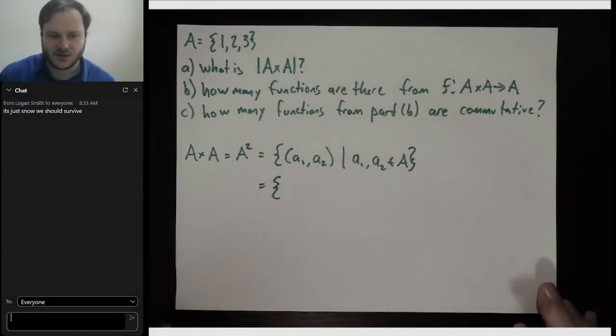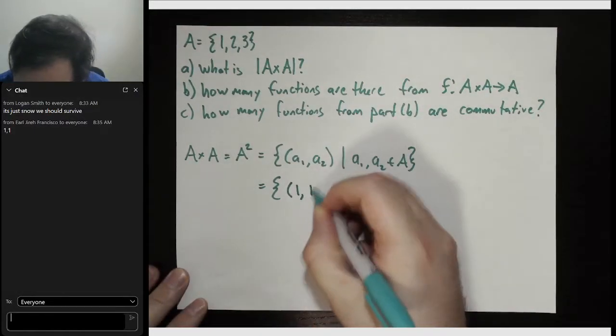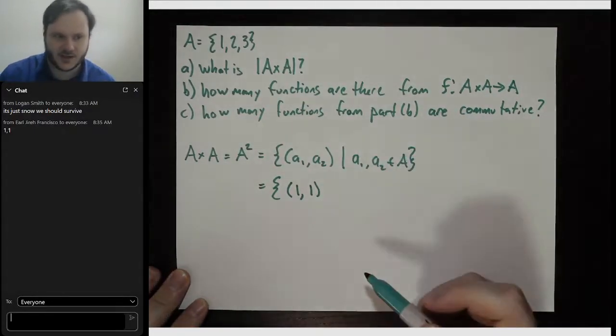What are some elements of A cross A? (1, 1). That's definitely in there. 1 and 1 are both elements of A, for sure.